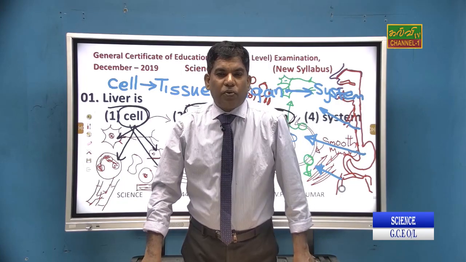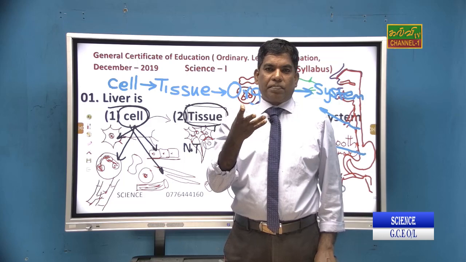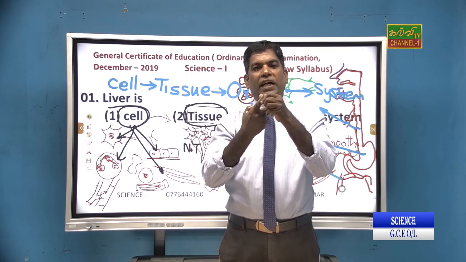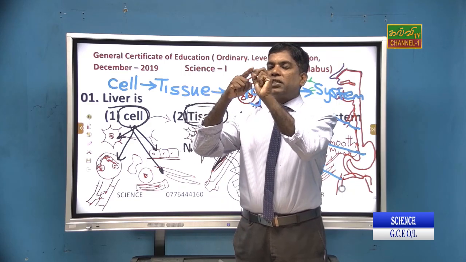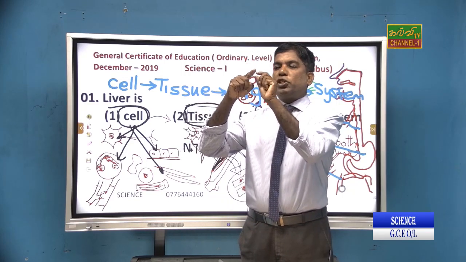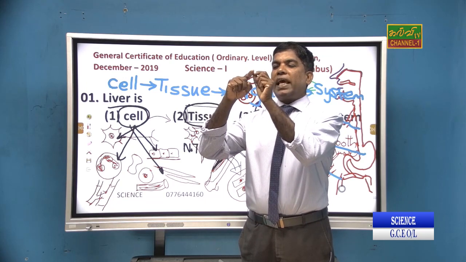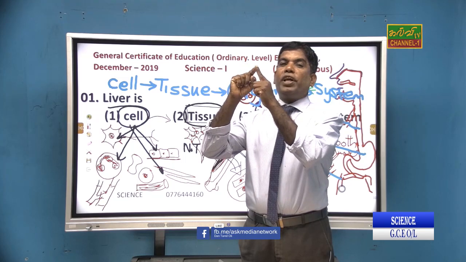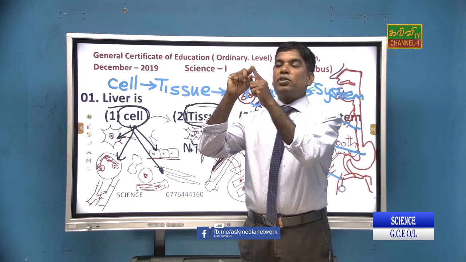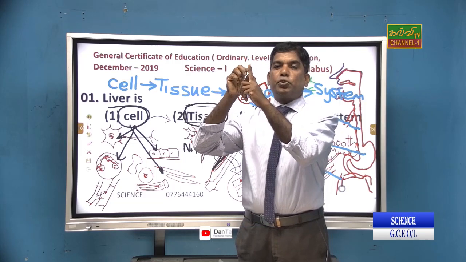Dear students, now you can understand the basic structural unit is the cell. Say when you consider my finger, it has muscle tissue. Muscle tissue means a group of muscle cells. So the cell is the basic structural unit. When I touch here, I can feel it, so nervous cells are available, and a group of nervous cells makes nervous tissue.